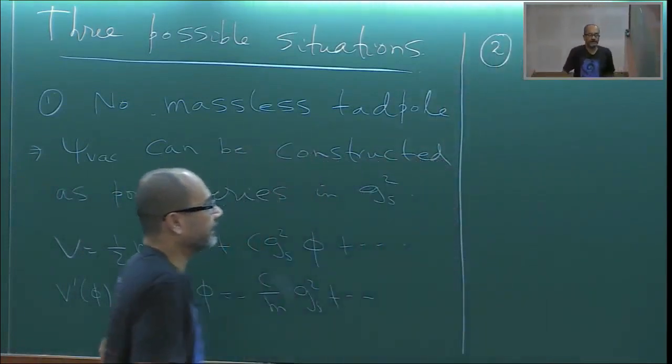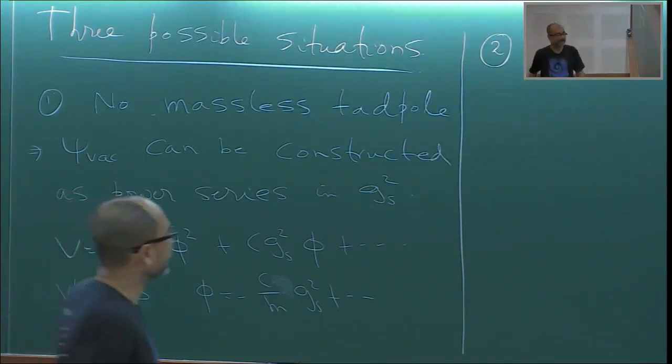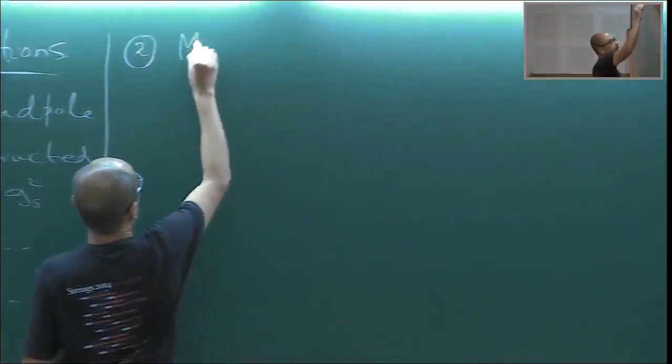So the second case, which is in fact more interesting, is where the string field theory is really necessary, because in conventional perturbation theory you cannot really deal with such cases. And this is where the massless tadpole is not 0.